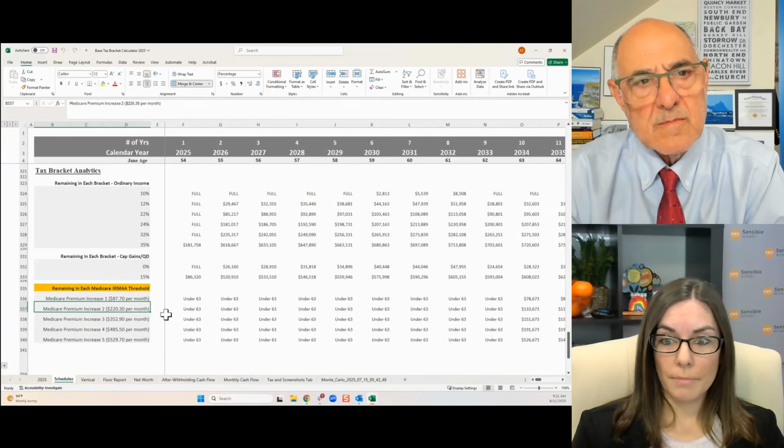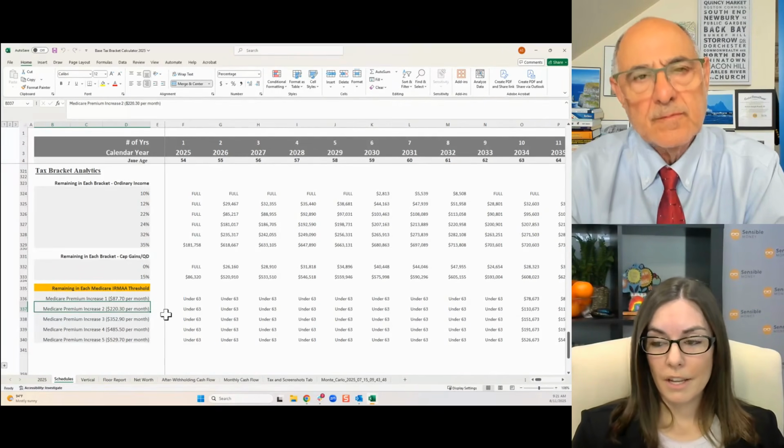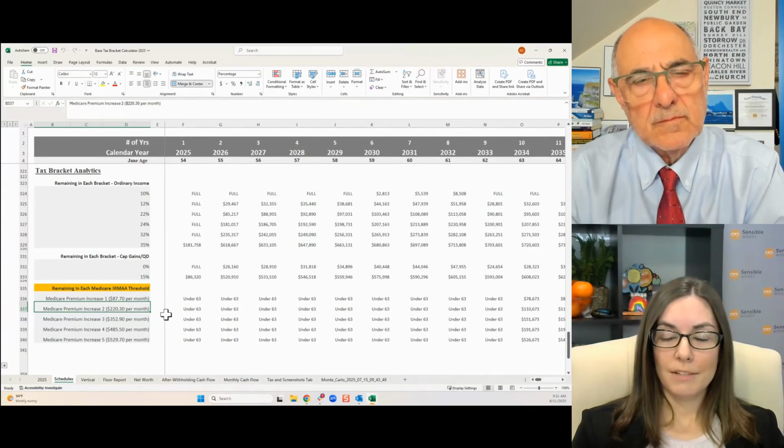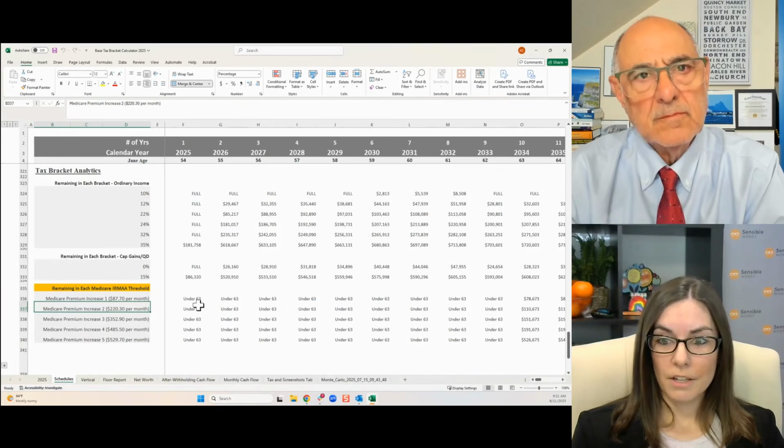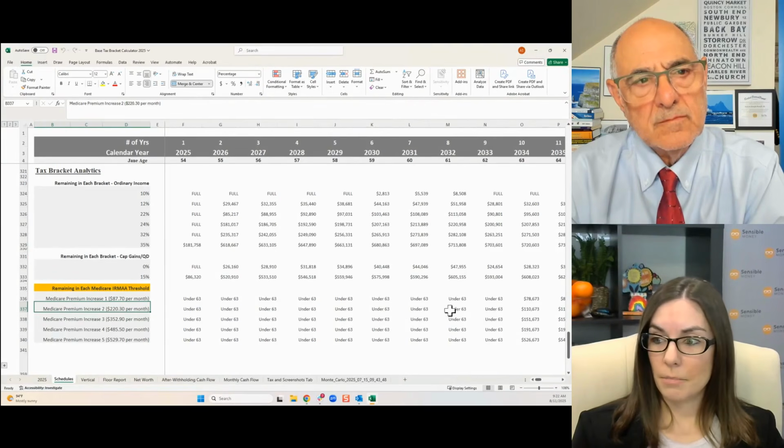Well, for IRMAA, Medicare only applies for those 65 or older, and your age 65 premiums are based on your tax return when you're 63. So what you see for her, she's really young, under 63. So it doesn't matter. Her income these early years of retirement has no impact on Medicare.